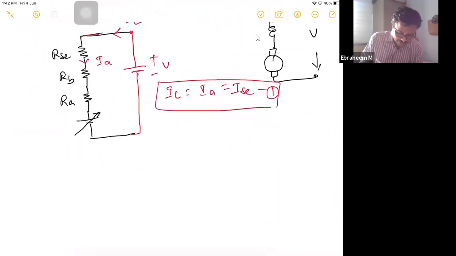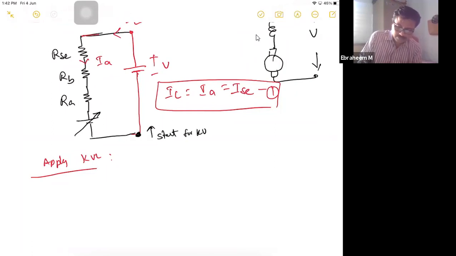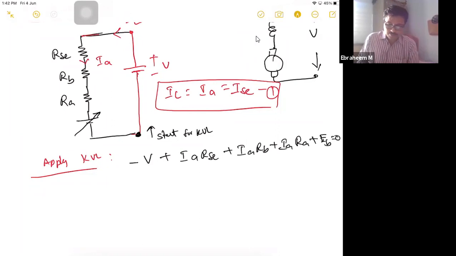Now apply KVL. Okay, so you can start anywhere. Minus V plus IA RSE plus IA RB plus IA RA plus EB is equal to 0.